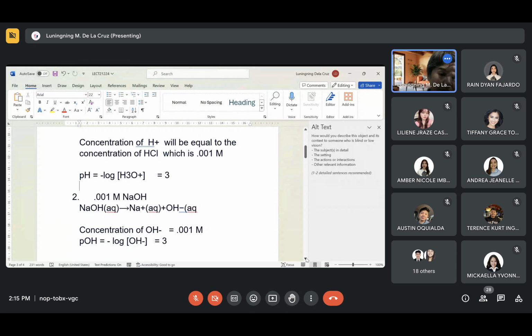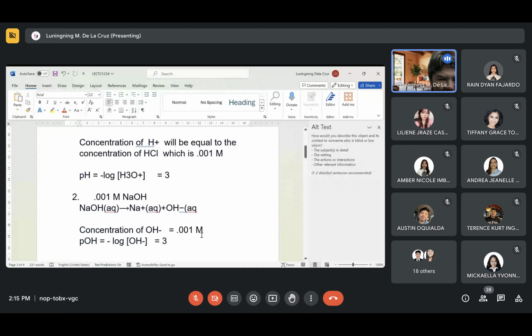Since sodium hydroxide will completely dissociate, based on the dissociation equation, the hydroxide ion concentration that we will get will be 0.001 molar.